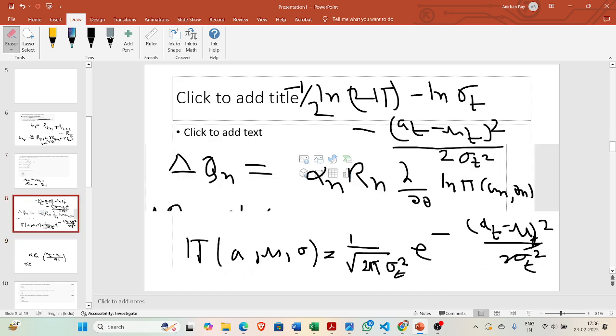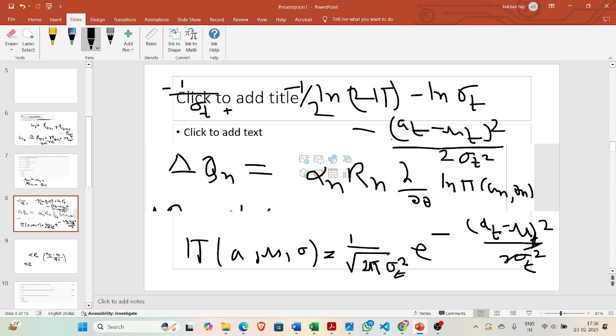Now we'll need to focus on the sigma part. What we're getting when taking the derivative with respect to sigma t is: sigma t will come down first, and then minus will be here, so minus 1 by sigma t, plus the upper portion will be there.